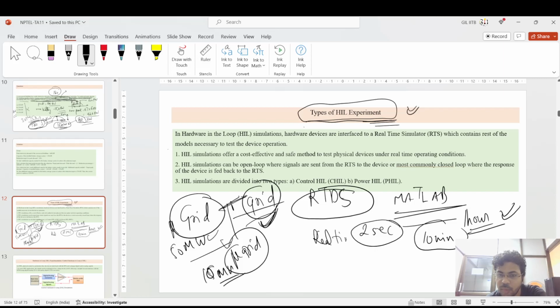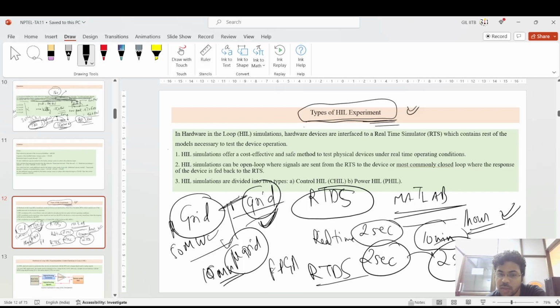So this is not real time. If it is 2 seconds in the simulation, it should also be 2 seconds in the real scenario. This is done through the RTDS system using FPGA boards inside the RTDS systems.